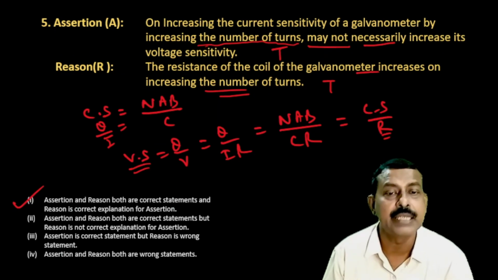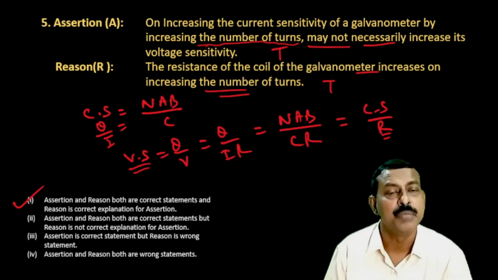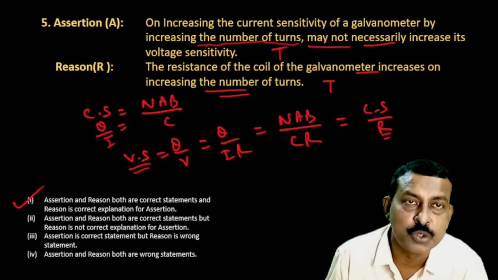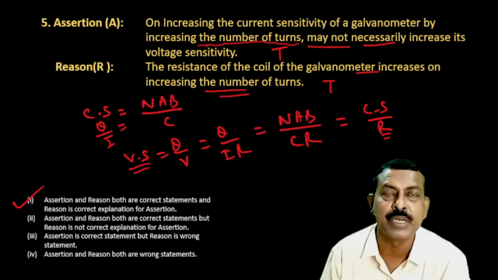If you keep the R same, in that case, it will be the same for the two. So here, assertion and reason both are correct. So first one is the correct option.